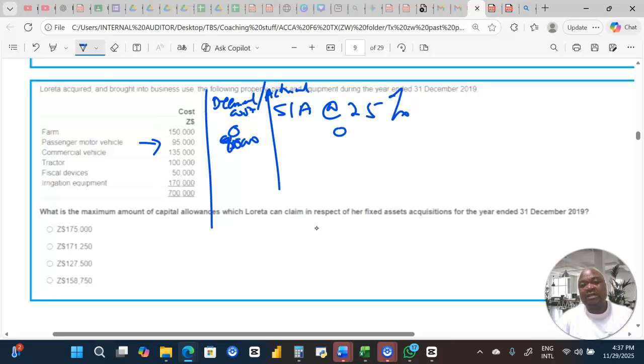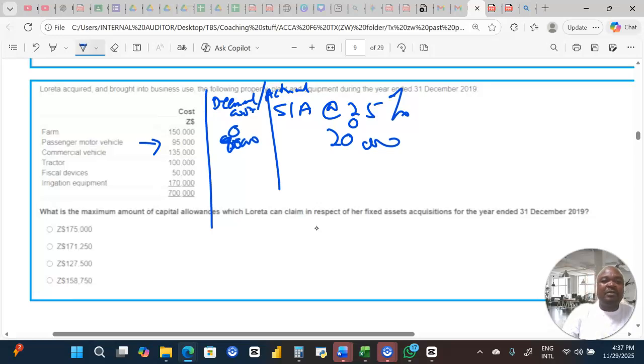So if we use 80,000 and apply the special initial allowance at 25%, it becomes 20,000. Remember, this was a zero for the farm. Why did you put zero? Because the farm is represented by land, and land does not attract any capital allowances. Are we together? Great. So 25% of 80,000 is 20,000.